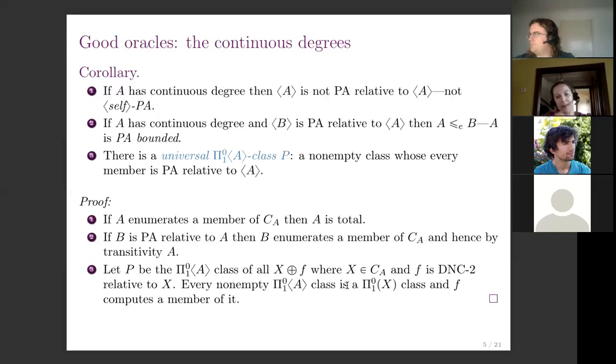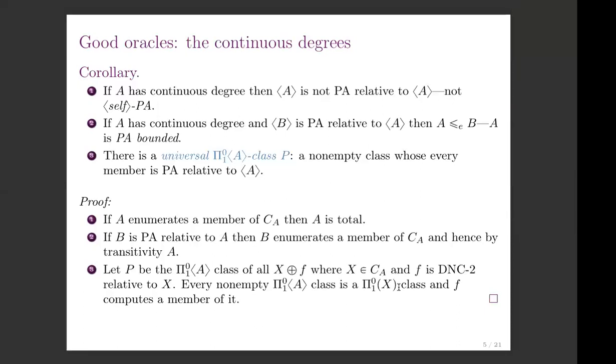Okay, so we use this idea, but we join it up with the idea that A is codable. To get a universal class for a set A of continuous degree, we take the coding class and we join every member X with a function F that is DNC2 relative to X. Now every non-empty Π01 relative to A class is going to be a Π01 relative to X in the normal Turing sense, because X enumerates A, and X is a total object.